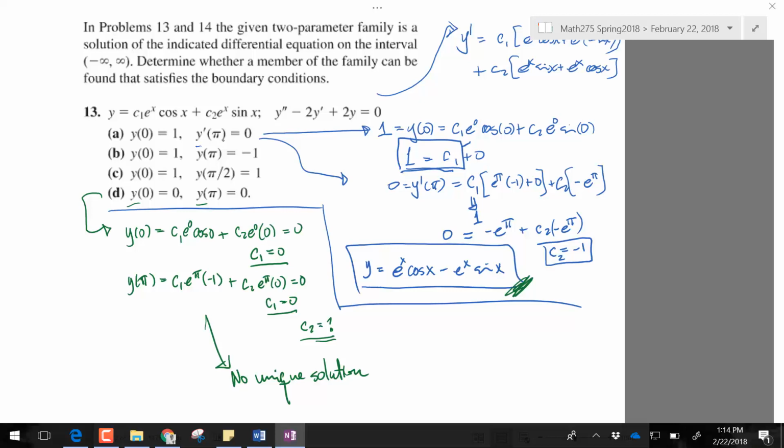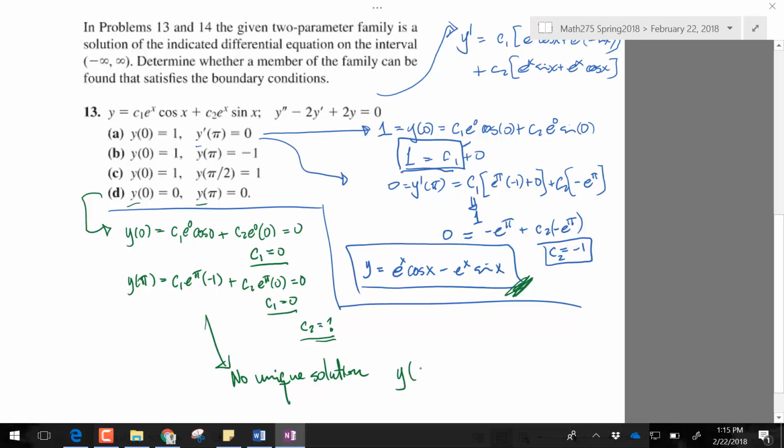Oh, we don't have a solution. I mean, we can have c1 equal to 0, and then c2 can be anything, and then it should work, it seems like. So it seems like we can just say no unique solution.